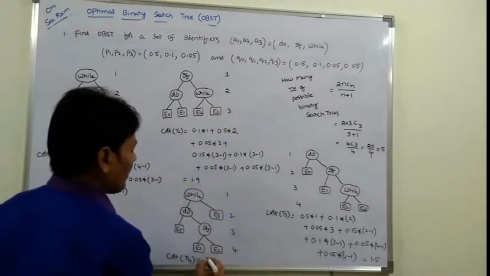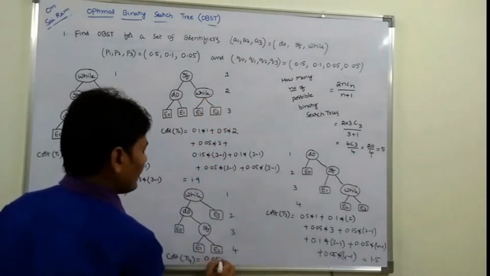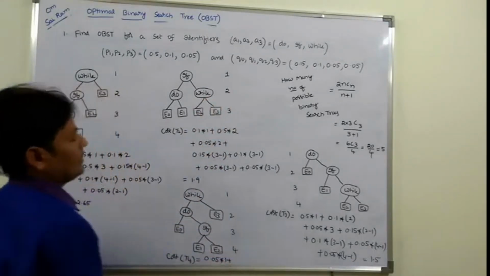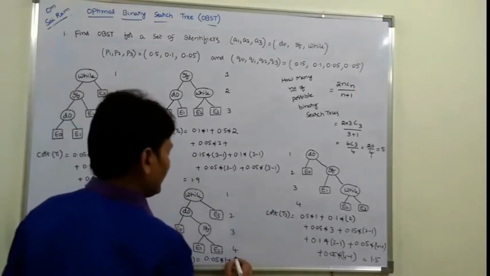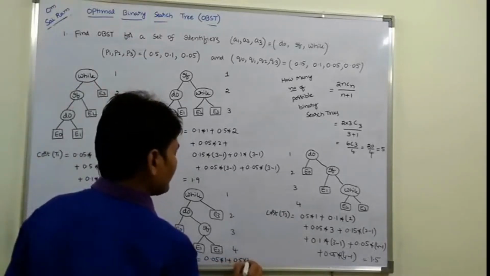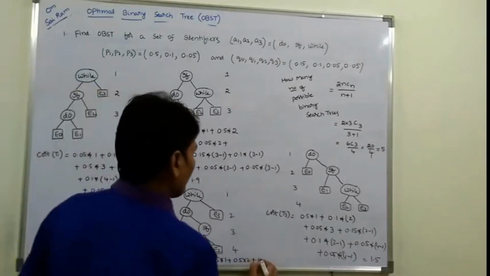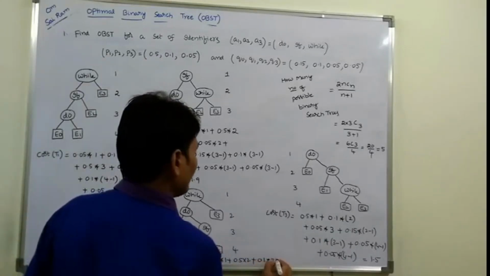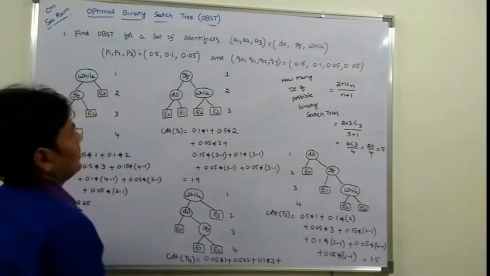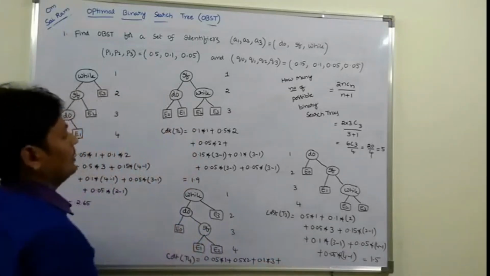While identifier probability is 0.05 into 1 plus do identifier probability 0.5 into 2 plus if identifier probability 0.1 into 3 plus E0.